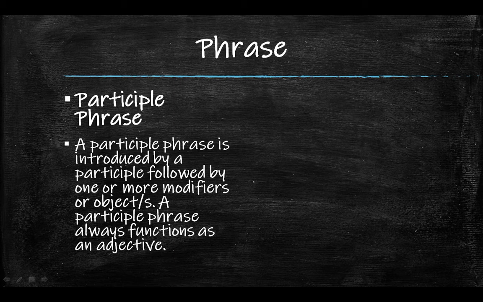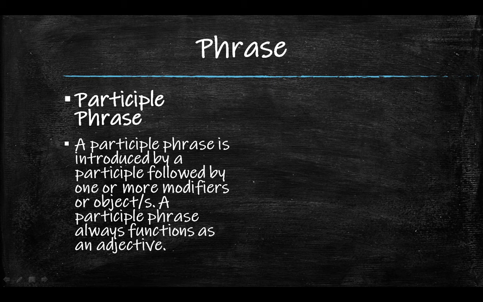A participle phrase is introduced by a participle followed by one or more modifiers or objects. These two types of words are attached with these verbal structures because these verbal structures are basically made up of verbs. So they retain some characteristics of verbs. It is a characteristic of a verb to have an object. And whenever an infinitive, gerund, or participle is made up of a transitive verb, it has its object with it.